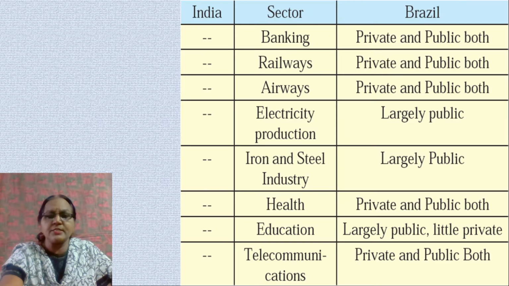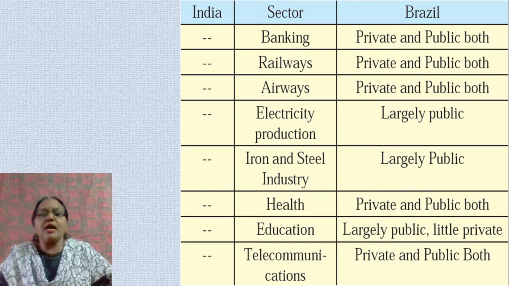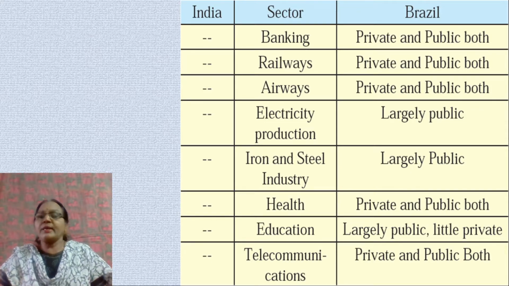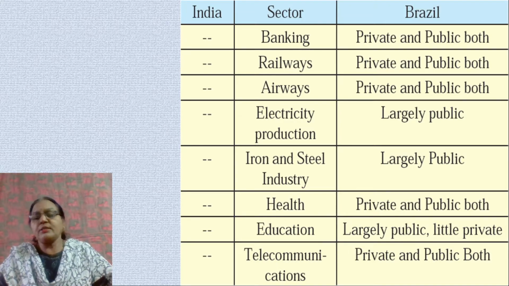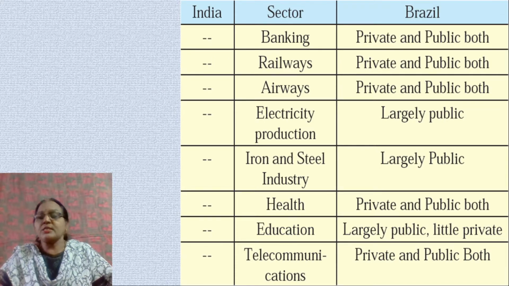Now, next we have certain sectors like banking, railways, airways, electricity production, iron and steel industry, health, education, telecommunications, etc. On the right hand side, we have Brazil, and they have already given us whether these sectors are owned by the public as well as by the private sectors.